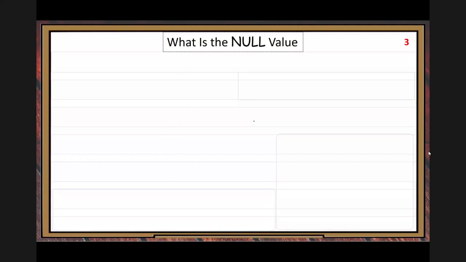So what is the null value? What's the meaning? Why did people create this special value in SQL? Well, because in business there are several situations where you may need a very special value to give people attention.